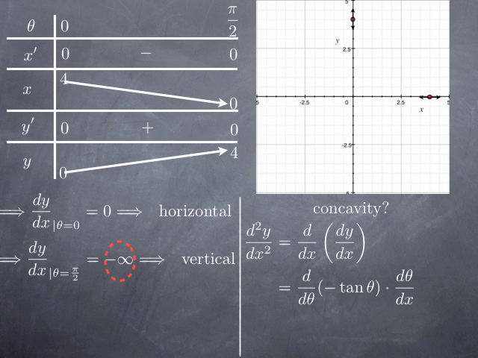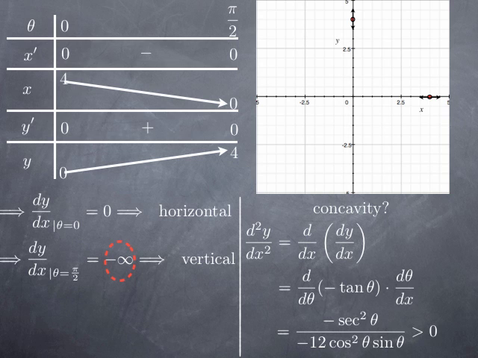Then we multiply by the rate of change of theta with respect to x, which is really the reciprocal of the rate of change of x with respect to theta, in other words, x prime. That means we get the derivative of negative tangent, which is negative secant squared of theta, and we divide by what we have found to be x prime.